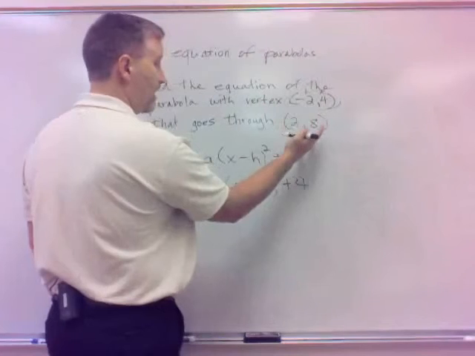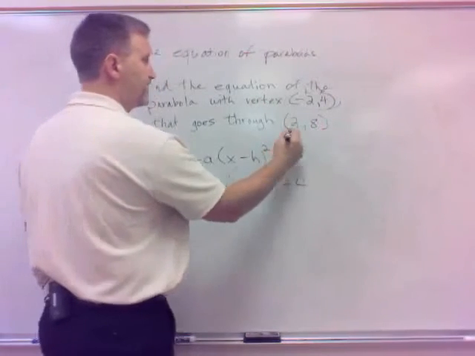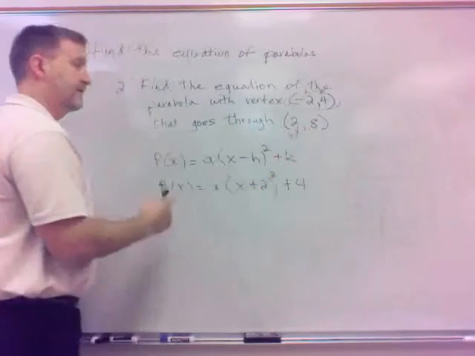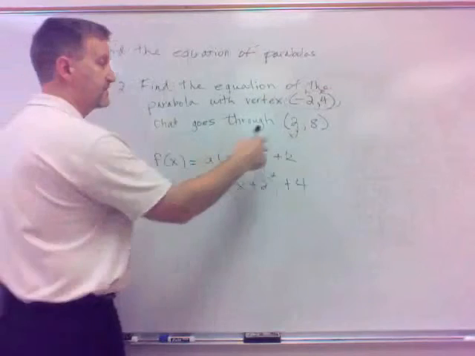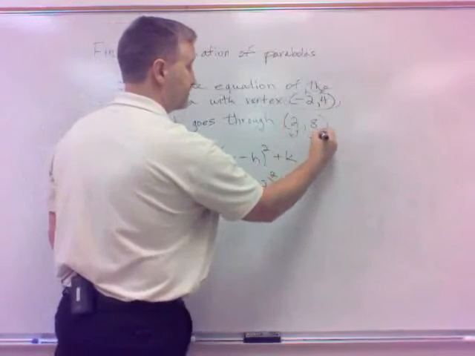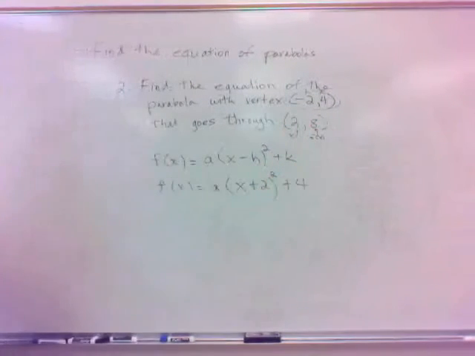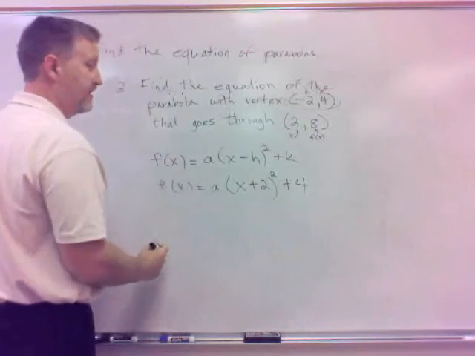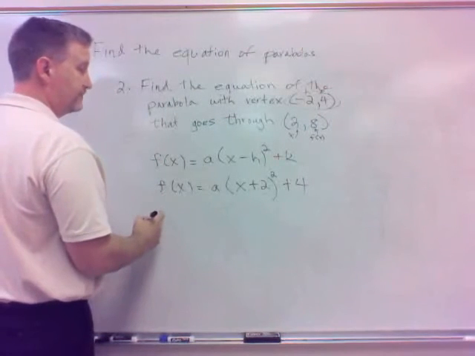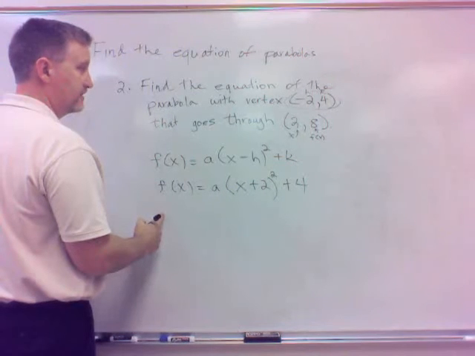This is an x comma y, which in this case I don't have y. In place of y I have f of x. So this is the x, this is the f of x. Yeah, I can plug in those two quantities appropriately there and it should help me find out what my a is going to have to be.